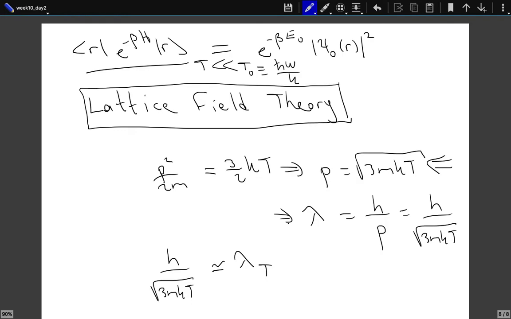Why is the de Broglie wavelength important? It tells us the system can behave not classically but quantum mechanically. How does it tell us?